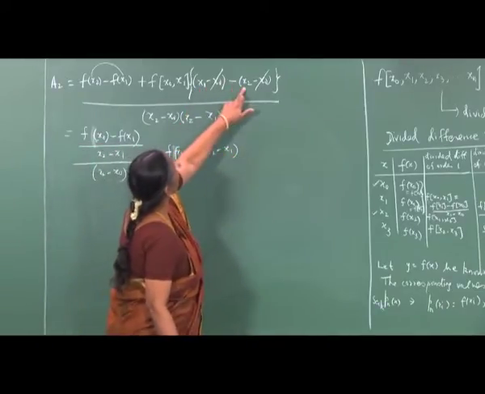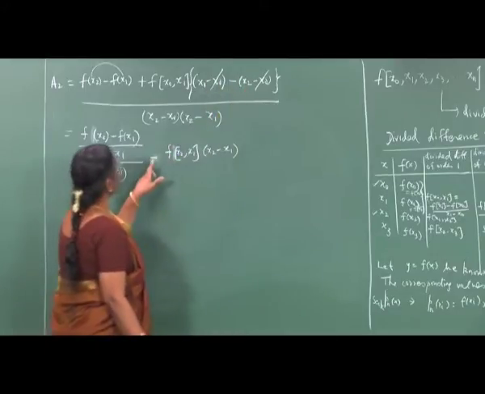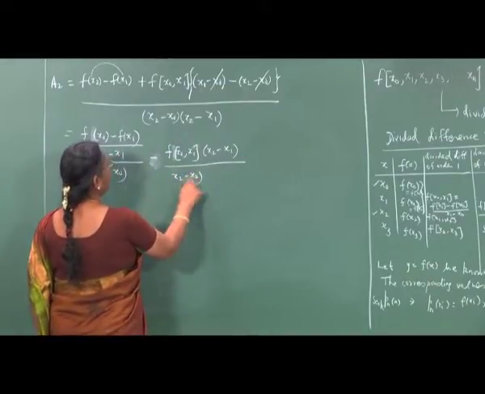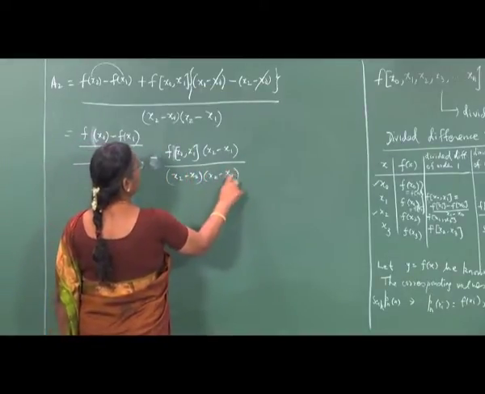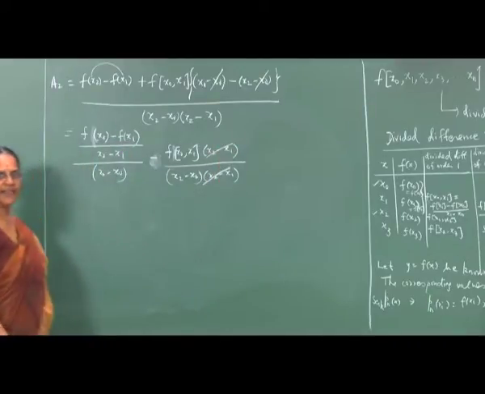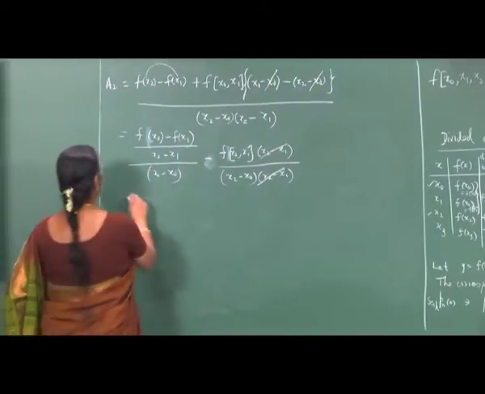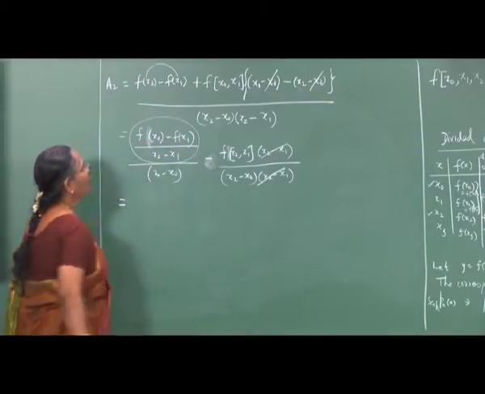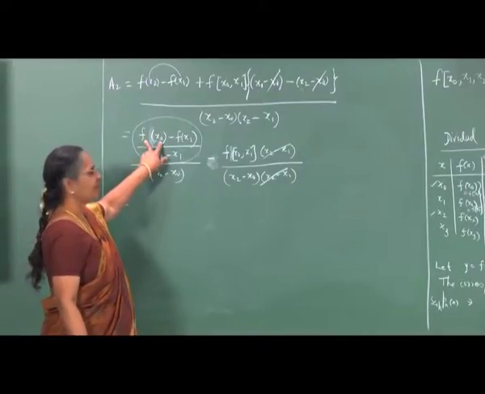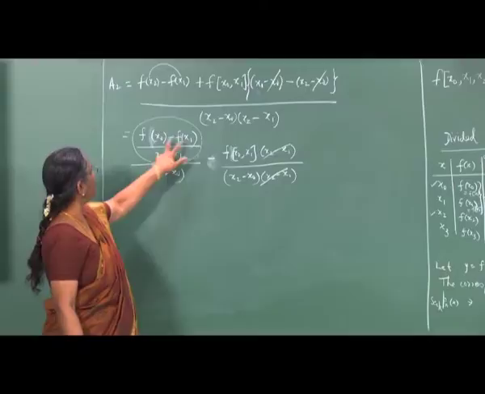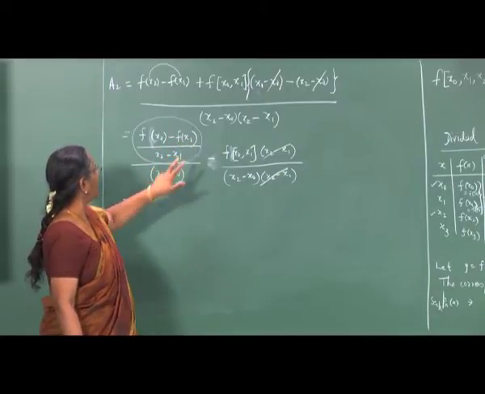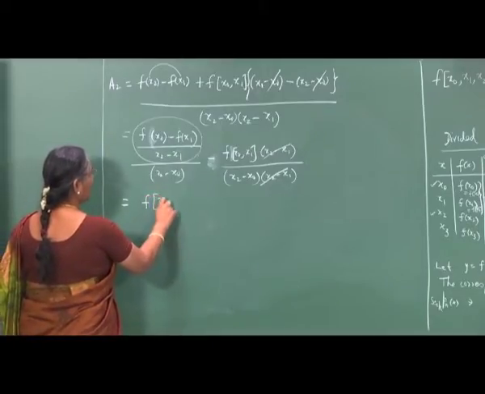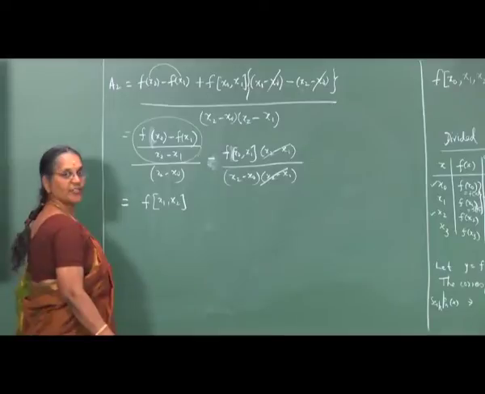I have x1 minus x2, I rewrite that as minus x2 minus x1, by the denominator x2 minus x0 into x2 minus x1. So, cancelling, they are distinct numbers. So, I am left with this. So, can you tell me what this is? This is the 0th order divided difference at x2, minus the 0th order divided difference at x1, by x2 minus x1, and therefore, this must be the first order divided difference f of x1 x2.